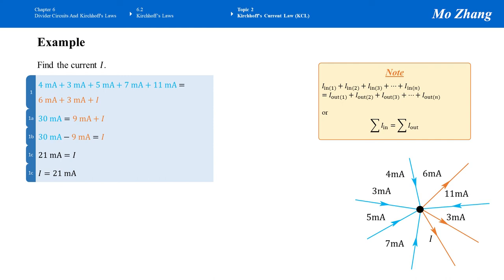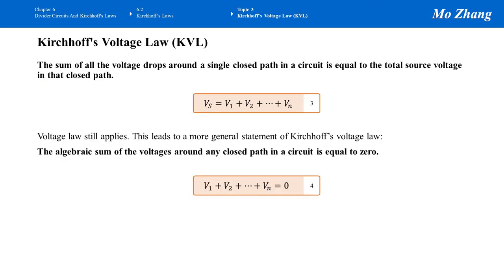Now let's study the second Kirchhoff law, and that is Kirchhoff's voltage law, or KVL. KVL states that for a closed loop, a closed circuit, the total voltage provided by the source equals the total voltage drops on all the resistors in that closed circuit.